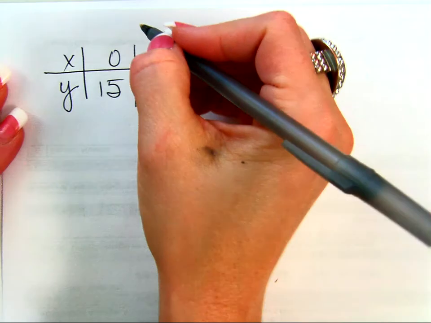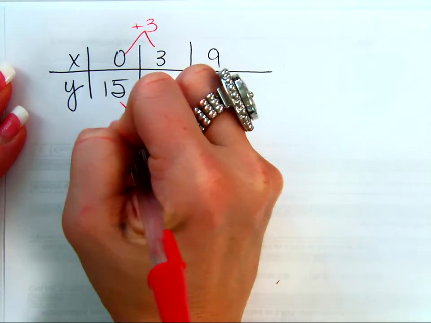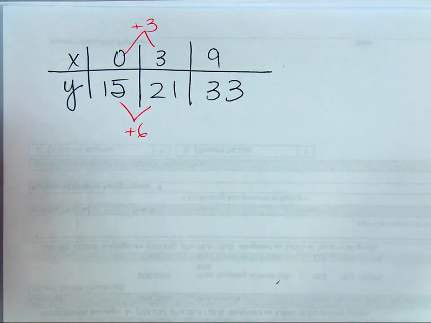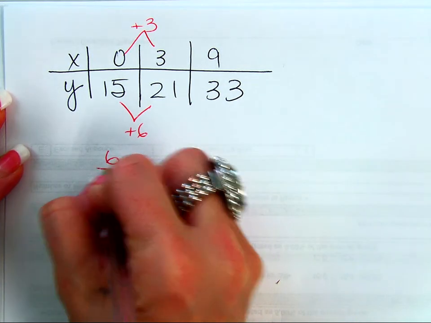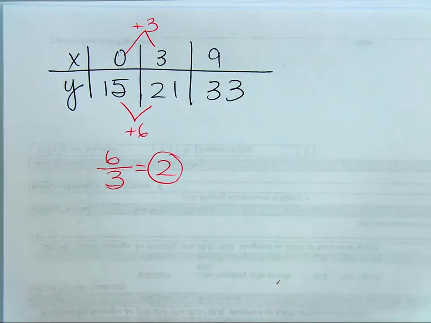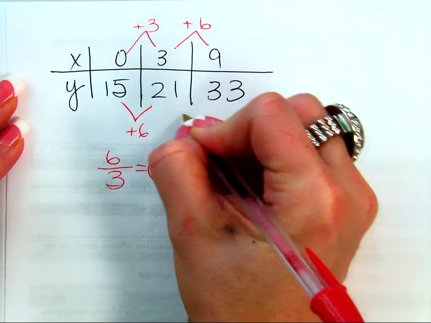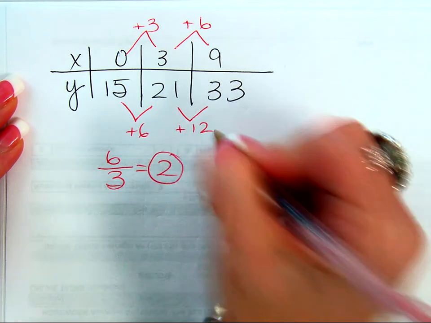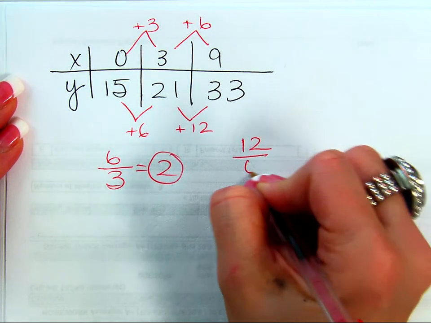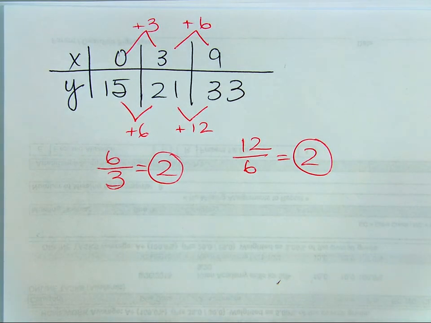Yep. For every 3 that this goes up 6, right? So you earn $6 for 3 hours, which means 2. Now, I should do the other one just to check, but technically, that should be, if it's linear and they're not tricking you, when I earn 12 for every 6 hours. So did you get 2? Okay, awesome. All right, that is learning target 5.